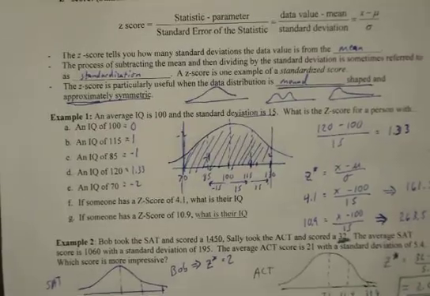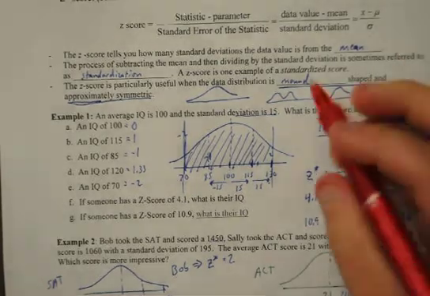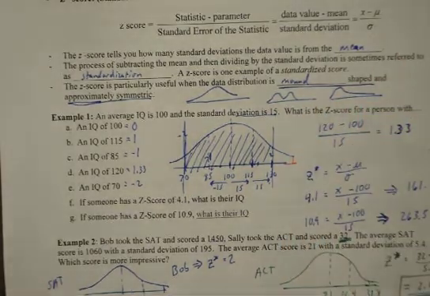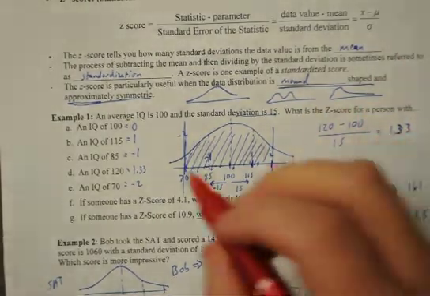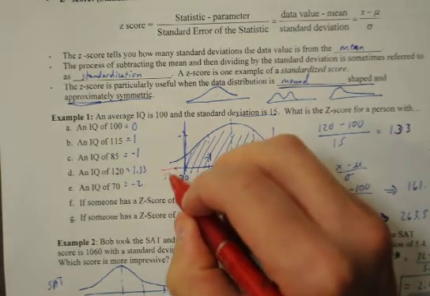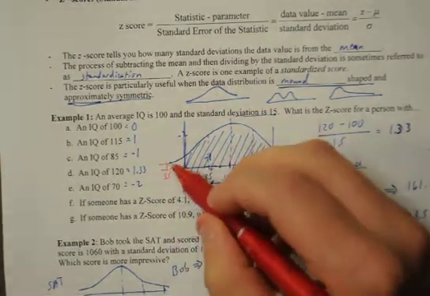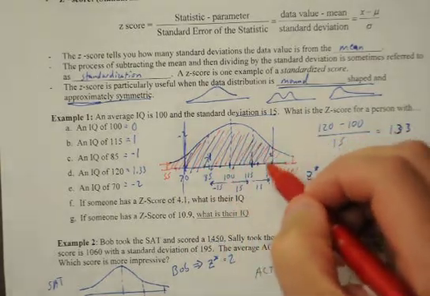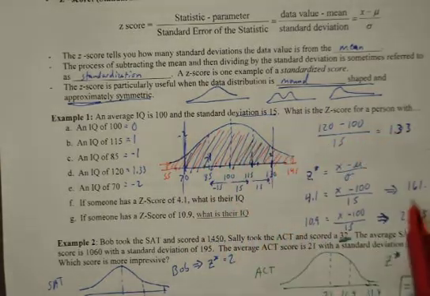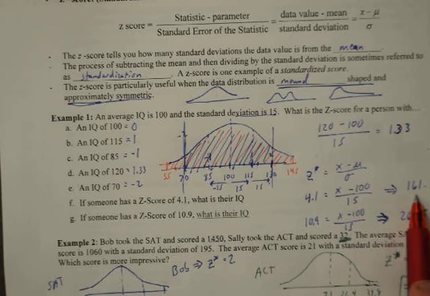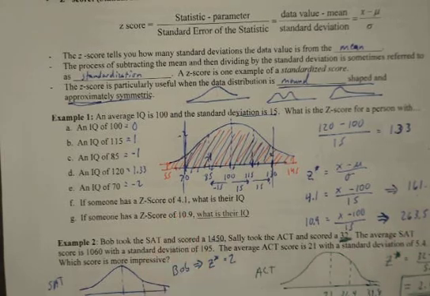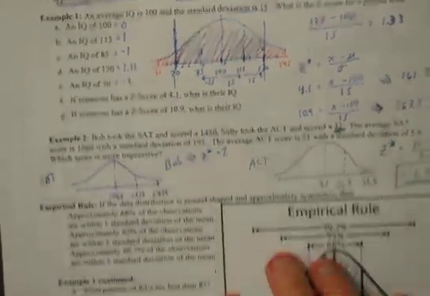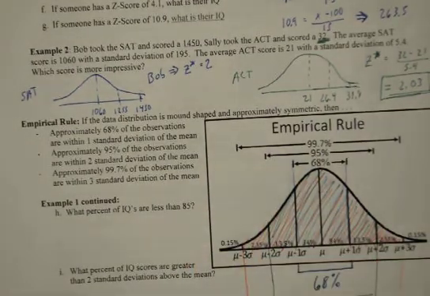So up here, IQ, 99.7% of people have an IQ between 55 and 145. So Einstein was like 4 standard deviations. So he's just out of this world. All right.